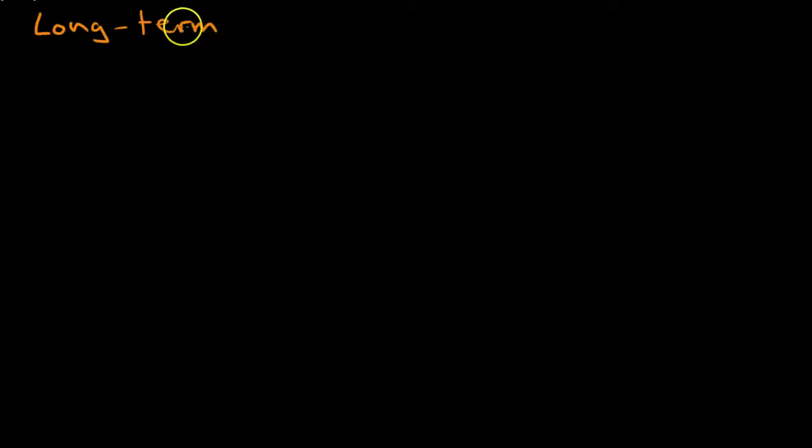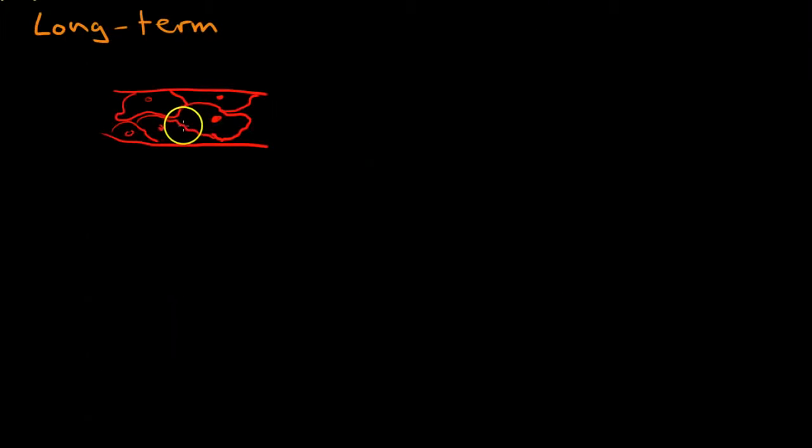The major long-term complications from diabetes are primarily due to the effects of chronic hyperglycemia on the endothelial cells. Throughout our body, in all of our blood vessels, they are all lined with these endothelial cells. And what happens with diabetes is that the hyperglycemia is actually directly toxic to these cells.